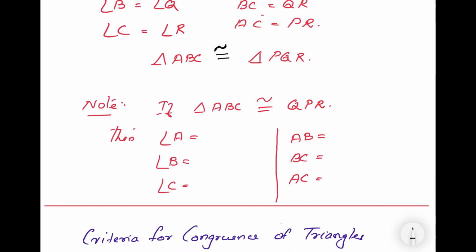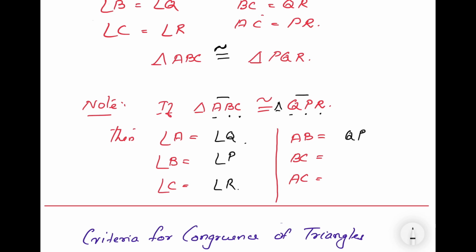Suppose triangle ABC is congruent to triangle QPR, then angle A will be equal to angle Q, angle B will be equal to angle P, and angle C will be equal to angle R, and AB will be equal to QP.